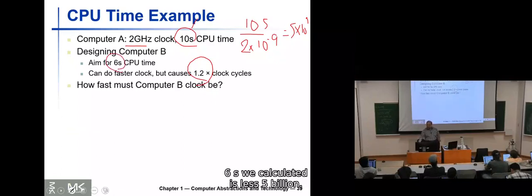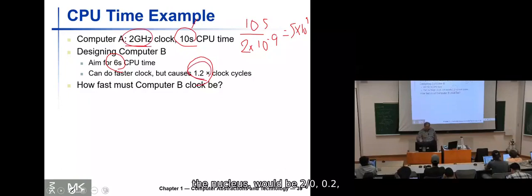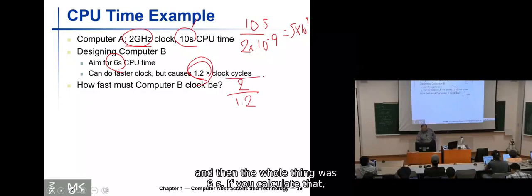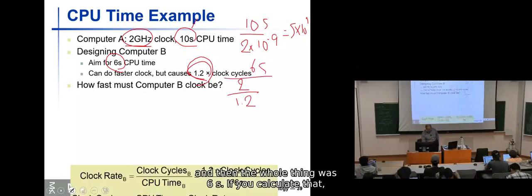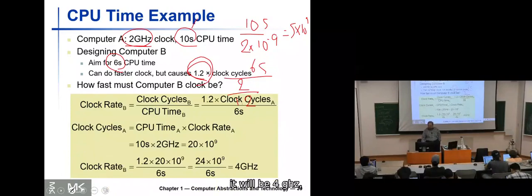Okay, we calculated the clock cycles of computer A. Now you multiply that by 1.2, and divide by 6 seconds. The clock was 2 gigahertz. If you calculate that, it will be 4 gigahertz. You need a clock rate of 4 gigahertz.